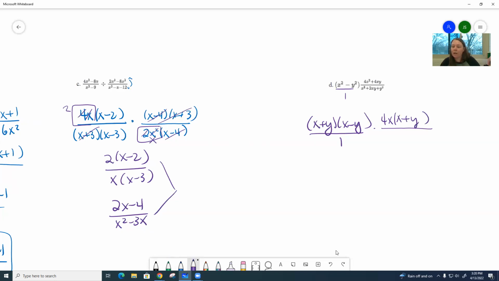And then on the bottom, that would be x plus y times x plus y. Remember we had the rule that we used sometimes when we were doing the average rates of change and the instantaneous rates of change, that when you have a perfect square, it equals this. I'm just noticing that pattern here.